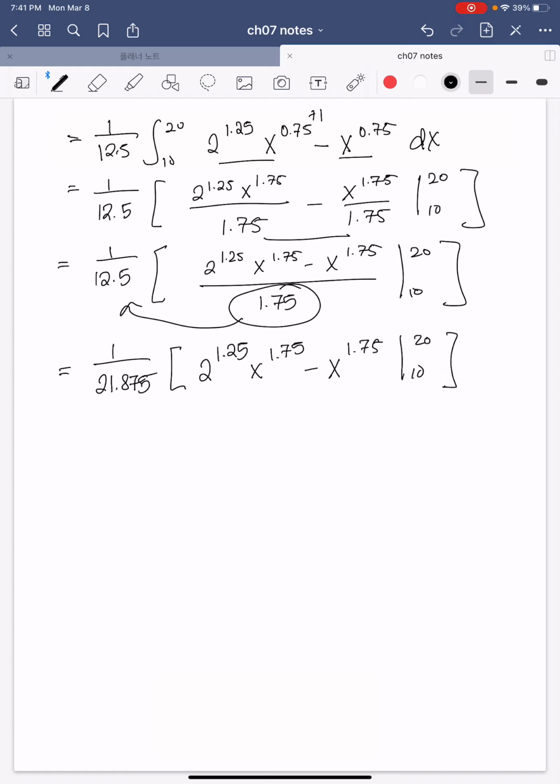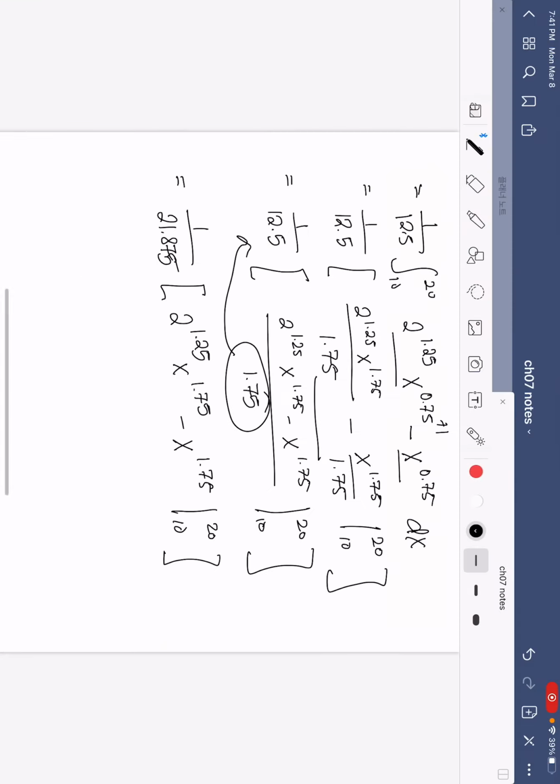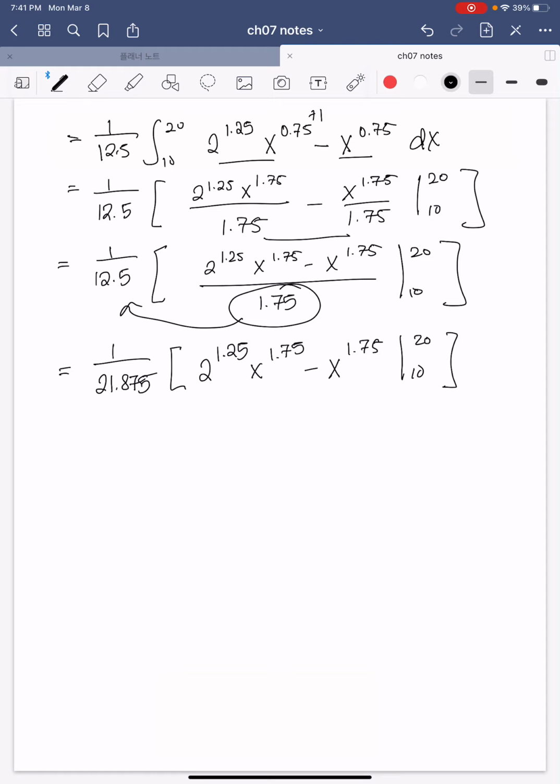Okay, it looks kind of messy, but we are getting there. All we have to do now is plug it in and evaluate. 1 over 21.875.